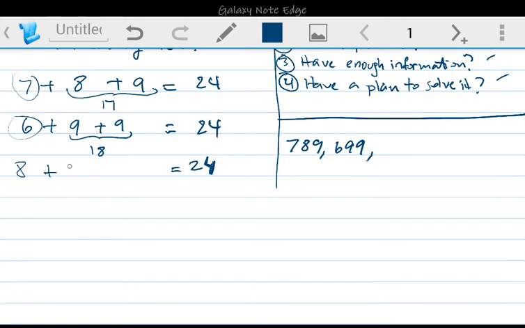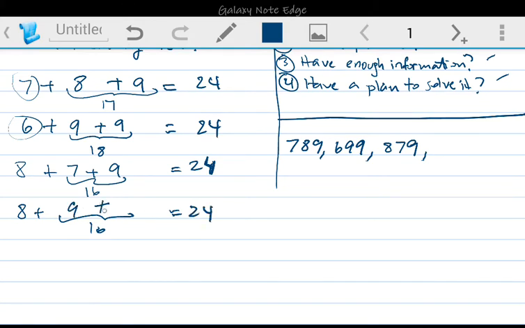Okay, so let's see, 7 plus 9 is 16, correct? So 16 plus 8 is 24, so we just found another number: 8, 7, 9. We can also reverse the order of these two to give us another number. So it will be 8 plus 16 gives us 24. So 9 plus 7. So that would be 897. Okay, it's another number.